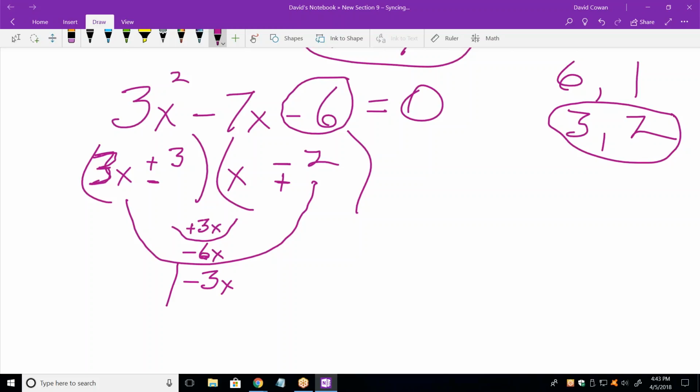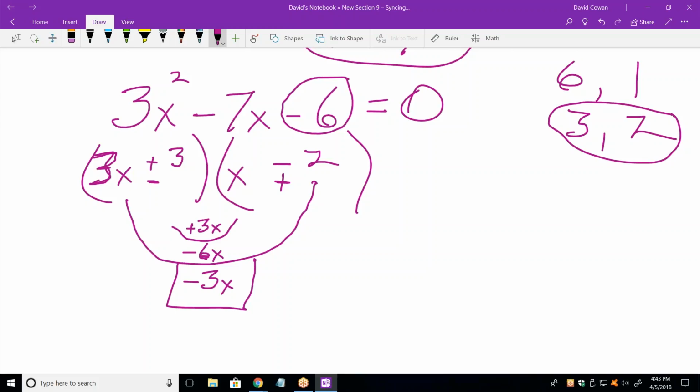Is that our middle term? No, it's not. Okay. Not only is it not our middle term, it doesn't have the right number. So dropping the 3 down to the negative sign and the 2 down to the positive sign, it's just going to turn that into a plus 3x. So I don't even have to try that one.